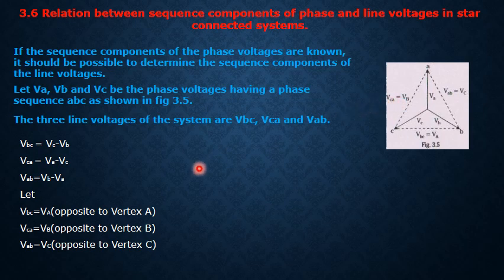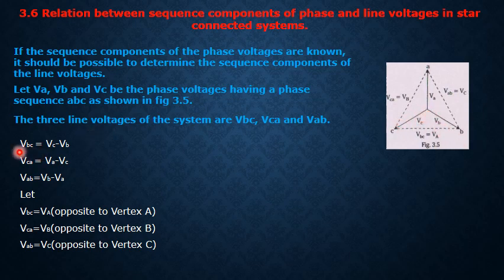From this figure we can write these line voltages in terms of phase voltages. Let us consider the line voltage VBC. This line voltage in terms of phase voltage will be equal to Vc minus Vb, because both are in opposite direction.